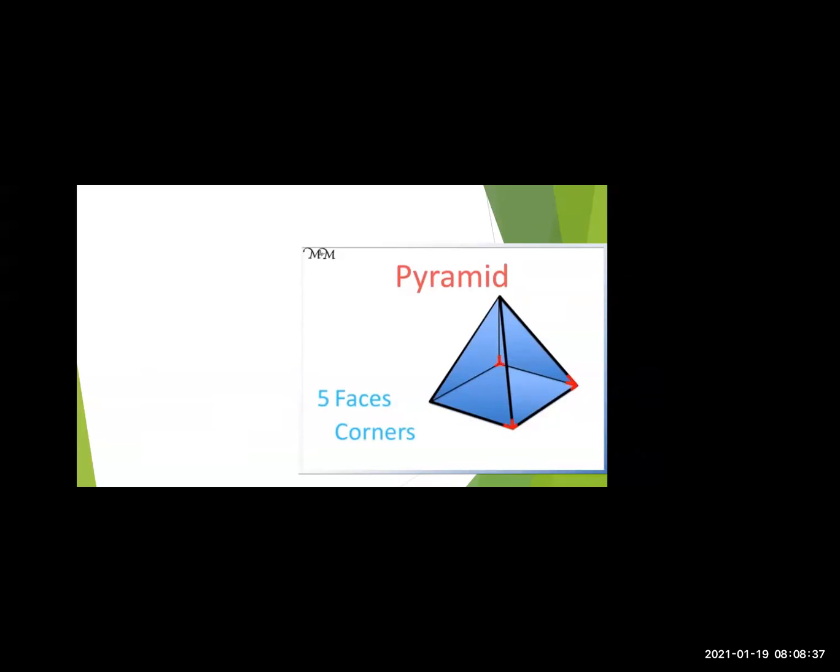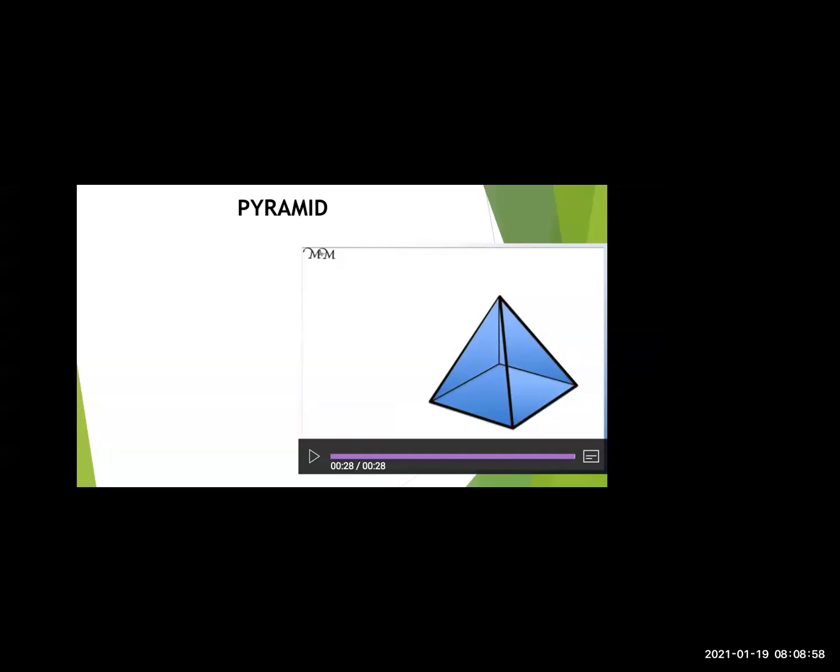Corners: see the red corners of this figure. That means 5 corners. Wherever you can see the green lines highlighted, those are called edges. So it has how many edges? 8 edges.